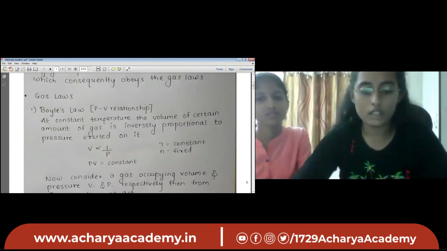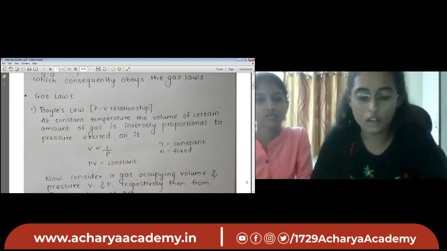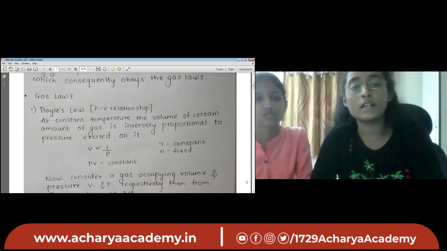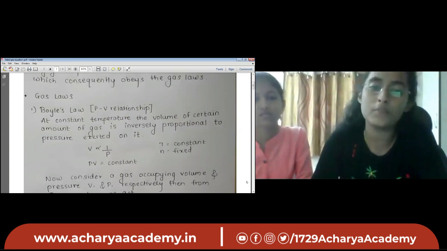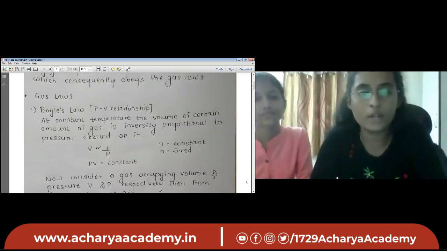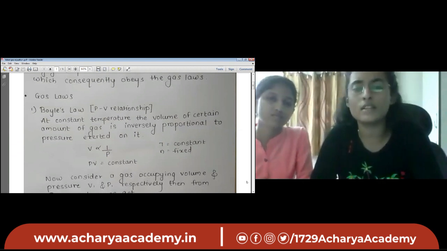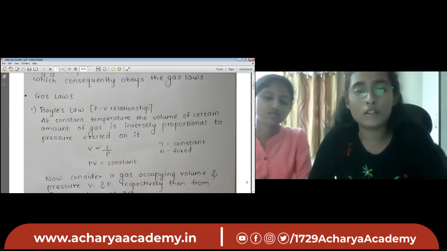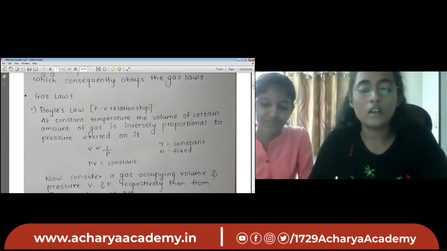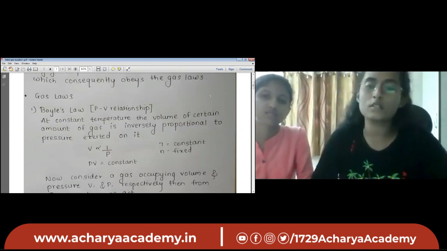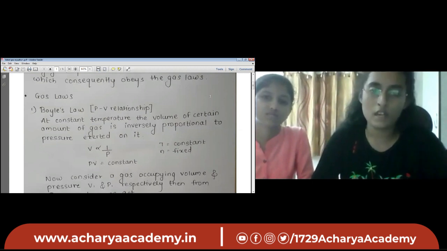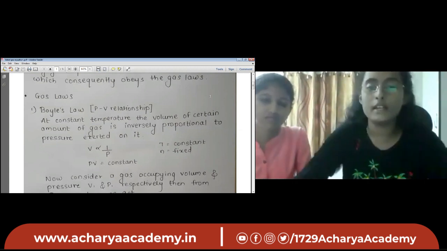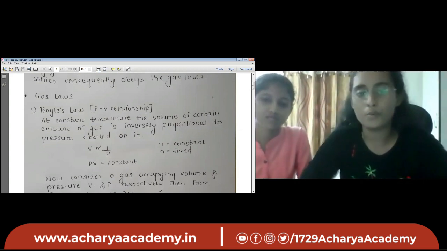Here, the scientist created a condition in which he kept the temperature constant and the number of moles constant. He took a fixed amount of gas, and found that under this condition, the volume of that gas was inversely proportional to the pressure. By this, he derived the relation that volume is inversely proportional to pressure.